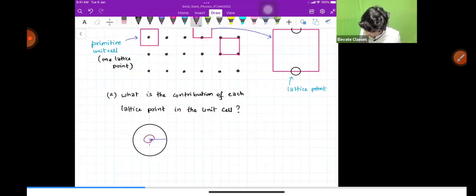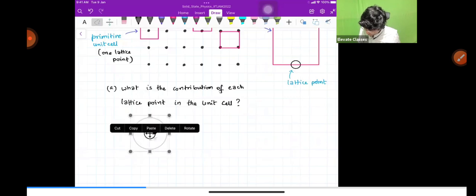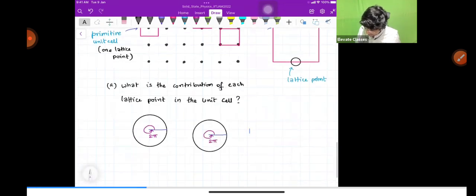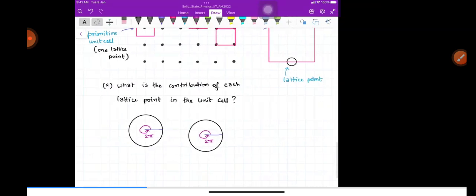Now if you see in the diagram, the lattice point, how much is the angle subtended by the part which is inside the unit cell?